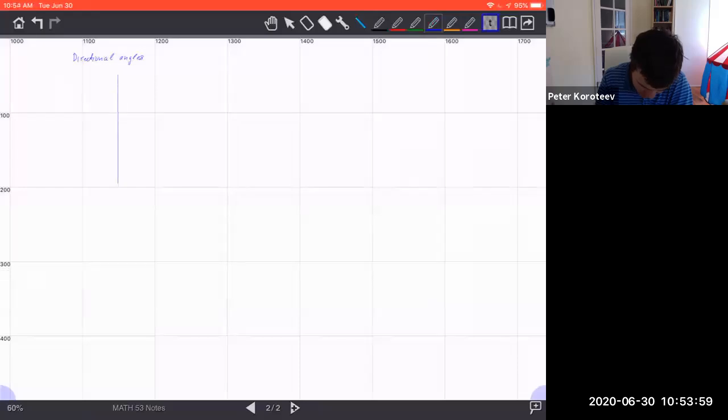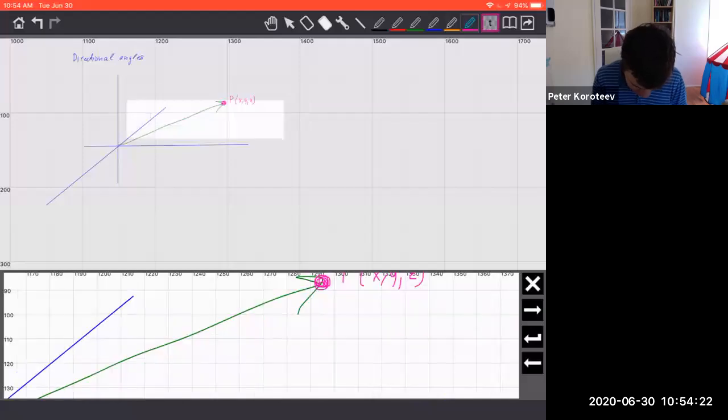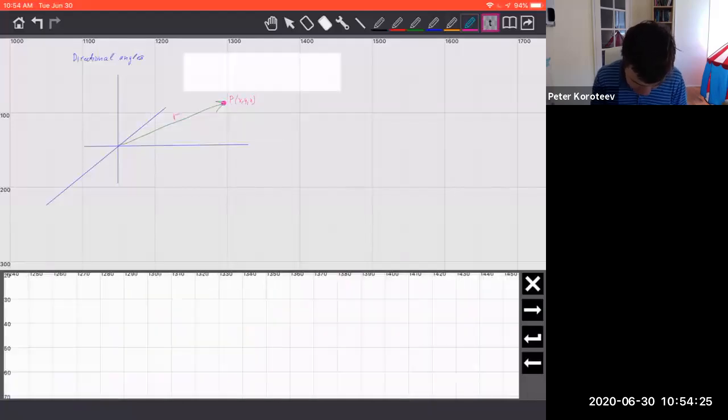Say we have a vector in space, and there's this point P with coordinates x, y, and z. Let's say R is its magnitude, or absolute value, so R is the square root of x squared plus y squared plus z squared.